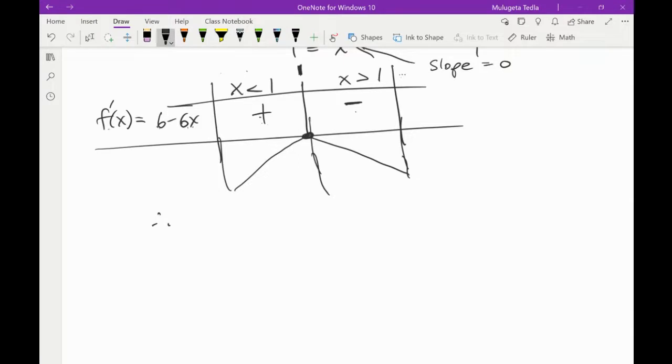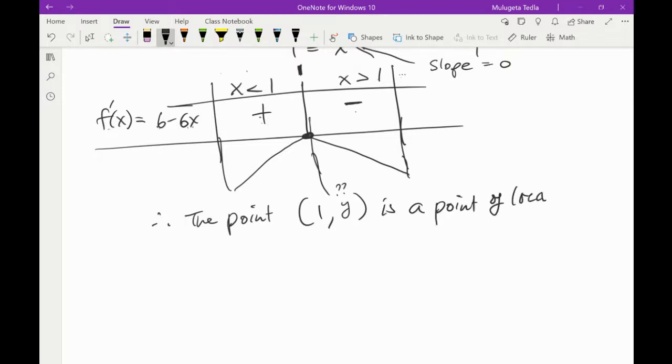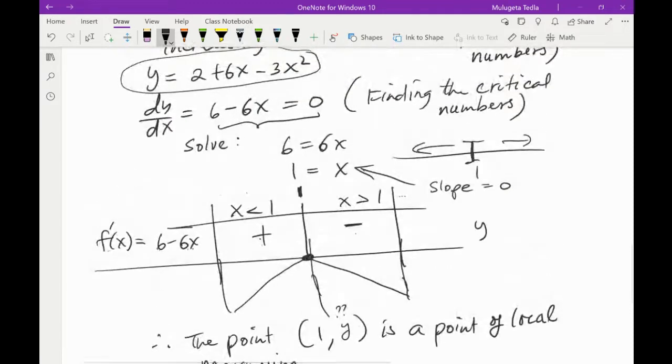So therefore, I will find the point (1, y). That's what we got: a point of local maximum. Okay, what is y, by the way? y equals 2 plus 6x minus 3x squared.